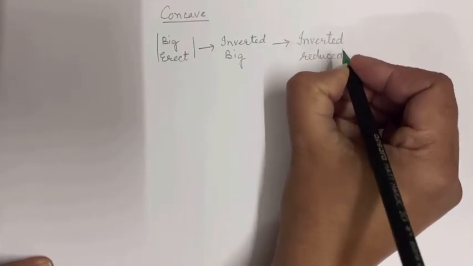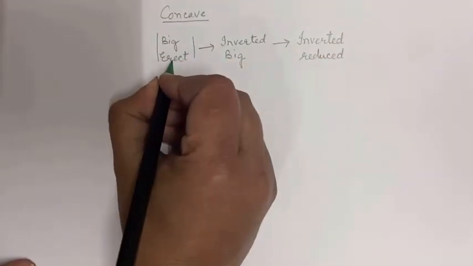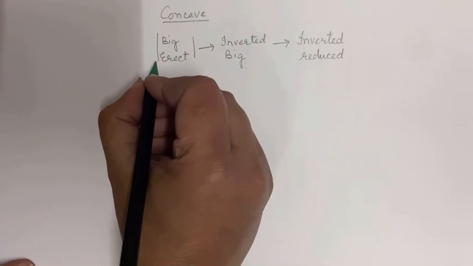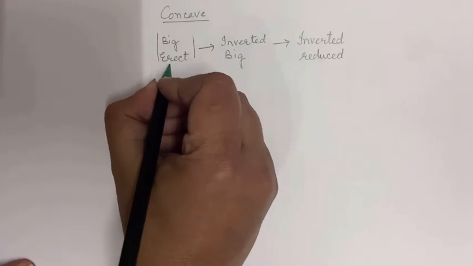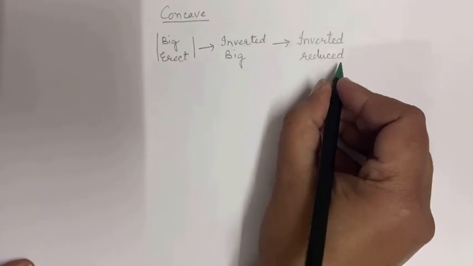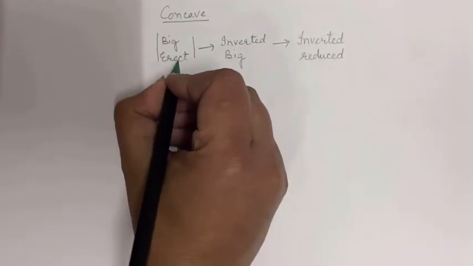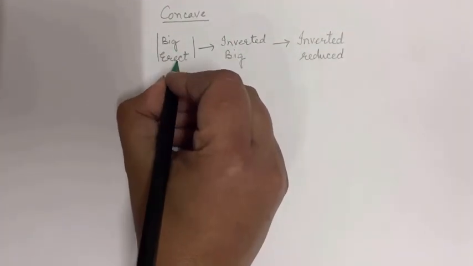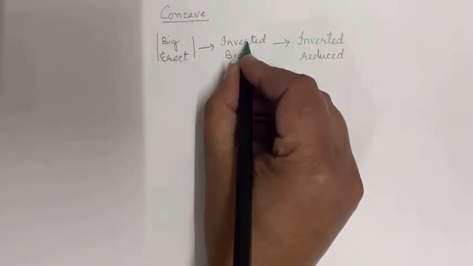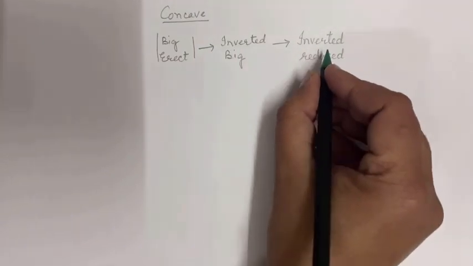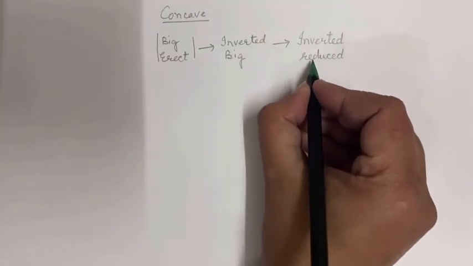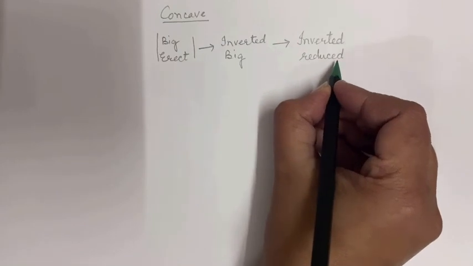So as we keep on changing the distance between the object and the mirror, we will get varying sizes of image. Initially, when the distance is less, we will get a large size erect image. When the distance is increased, we will get a large size inverted image. And when the distance is further increased, we will get an inverted image, but the size will be reduced now.